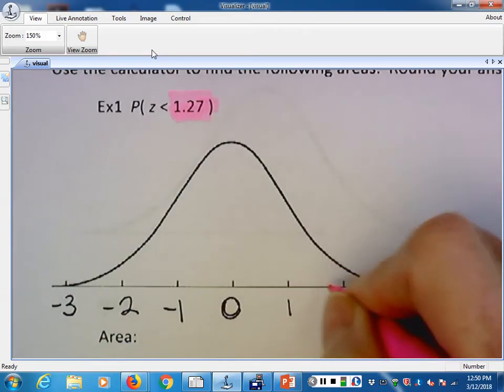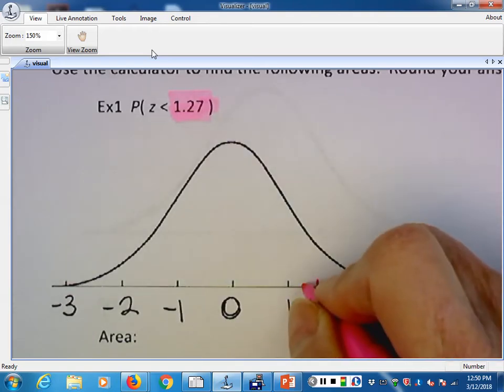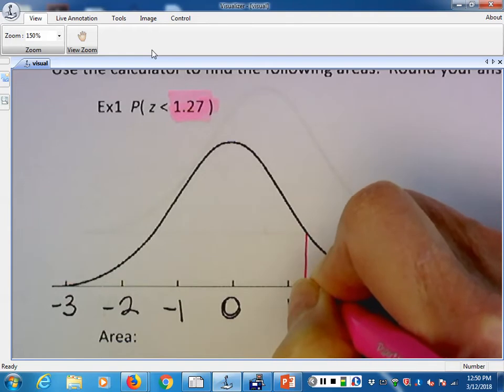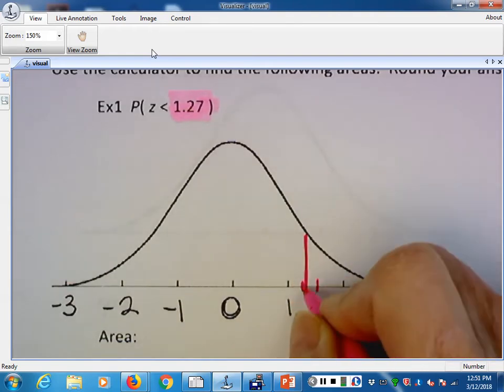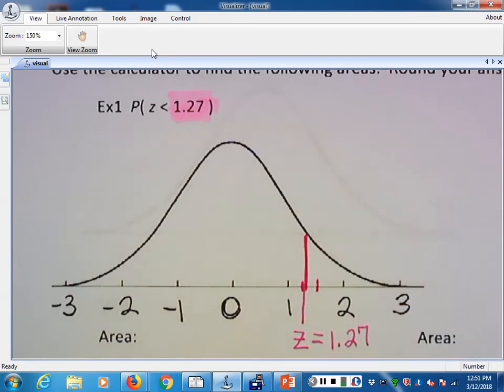So 1.27, this would be like 1.5. That'd be about like 1 1/4. So 1.27 should be right about there. So that should be the first thing that you do, is you label in where that Z value is.